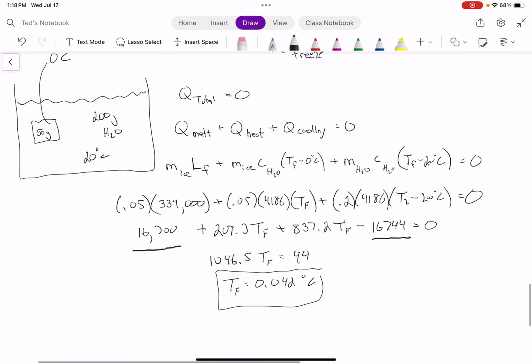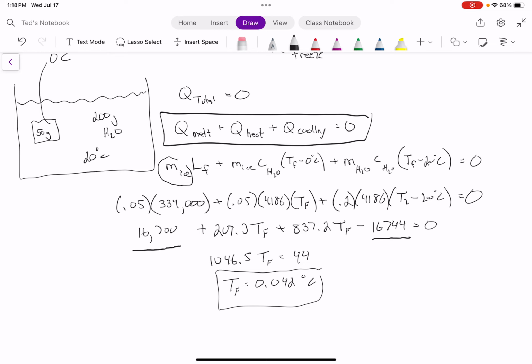But we would set it up the same way, except this amount of ice that melts would be unknown. This term would be equal to 0 because the final temperature is 0 degrees. We would know what the final temperature is and would be solving for the amount of ice that melted. That would be a slightly different problem, but it would be an interesting problem.